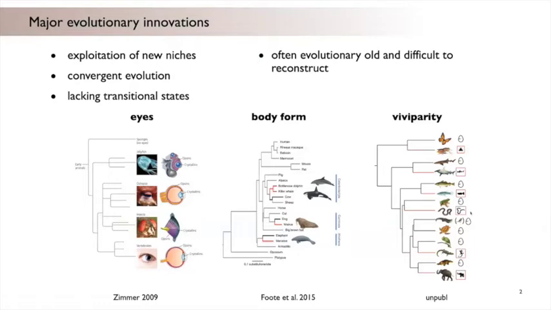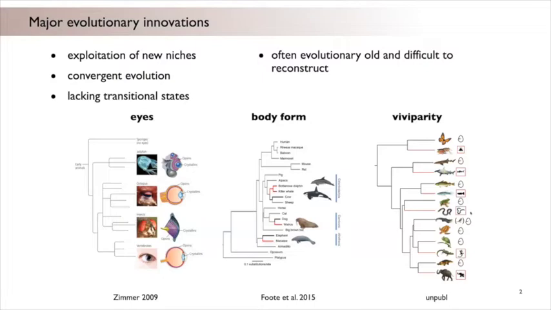And that requires concerted, coordinated genetic changes and evolutionary changes happening along with the complex phenotype. So it's a package that has to go through a sort of fitness valley. And viviparity is a very extreme example of this.